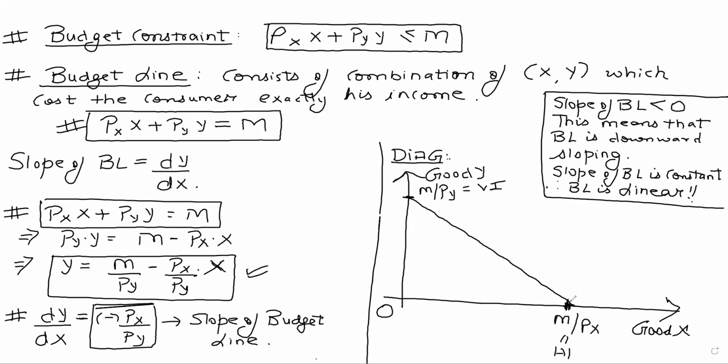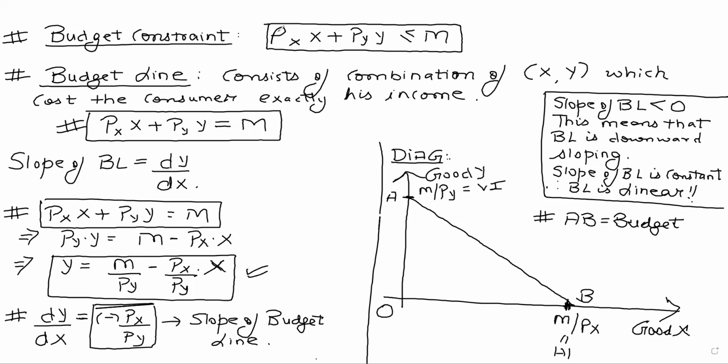So if I call this point A and if I call this point B, then AB is my budget line.